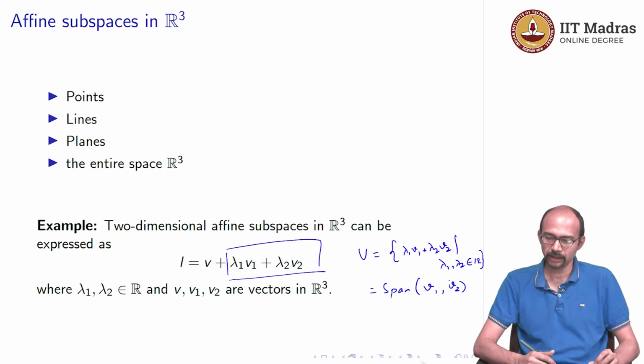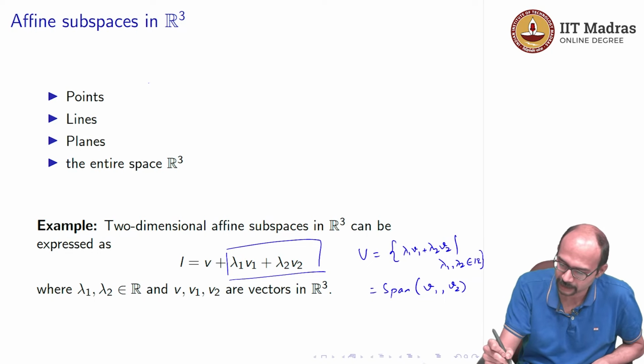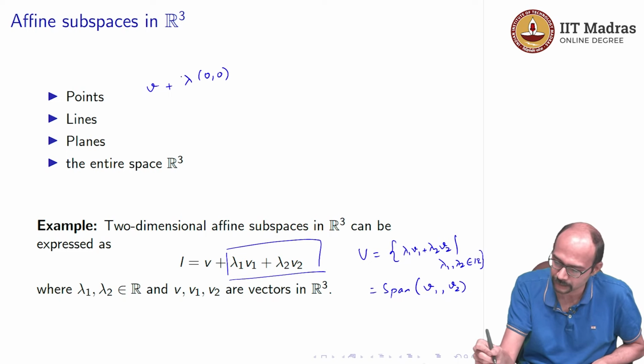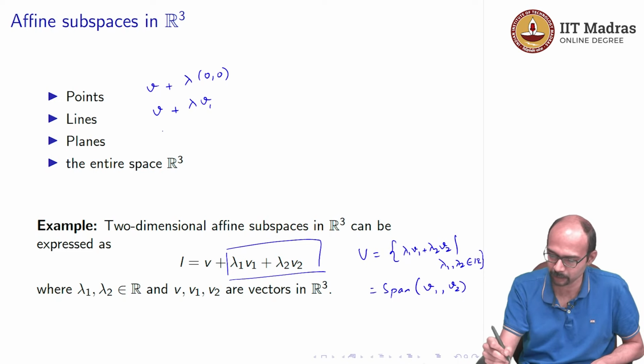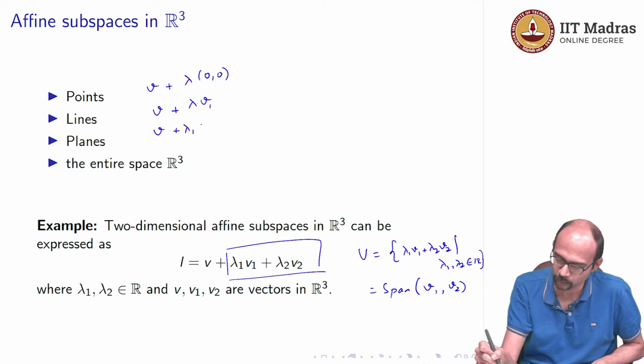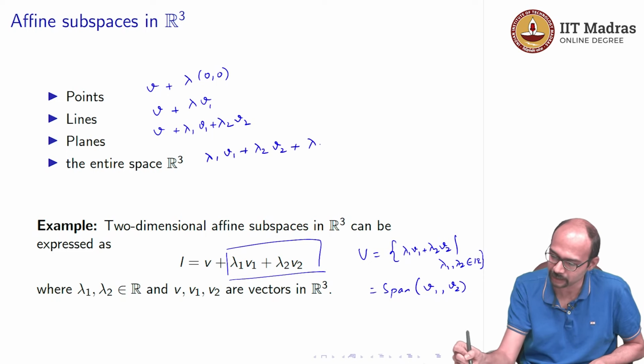That's what is U. If we use the same idea, then points can be written as V plus lambda times 0 0, and lines can be expressed as V plus lambda times some vector on that line, V 1. Planes, as we have seen, are V plus lambda 1 V 1 plus lambda 2 V 2, and the entire space R 3 is just lambda 1 V 1 plus lambda 2 V 2 plus lambda 3 V 3.